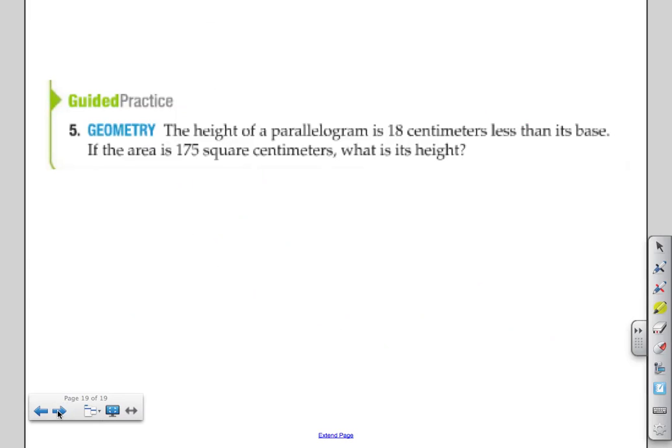This will be a bonus point on your homework. The height of a parallelogram is 18 centimeters less than its base. So what's a parallelogram, right? A parallelogram has sides parallel to each other, and these sides are parallel too. So the height is 18 centimeters less than the base.